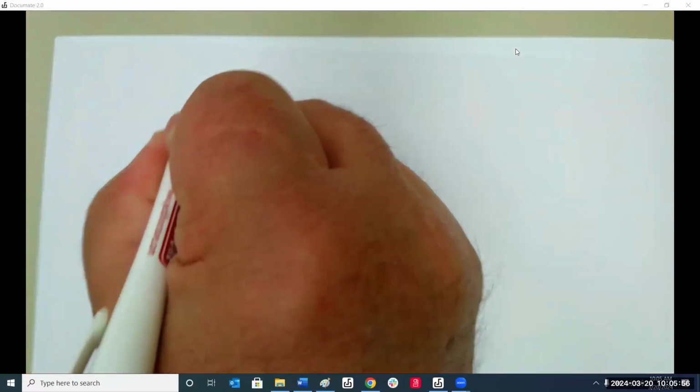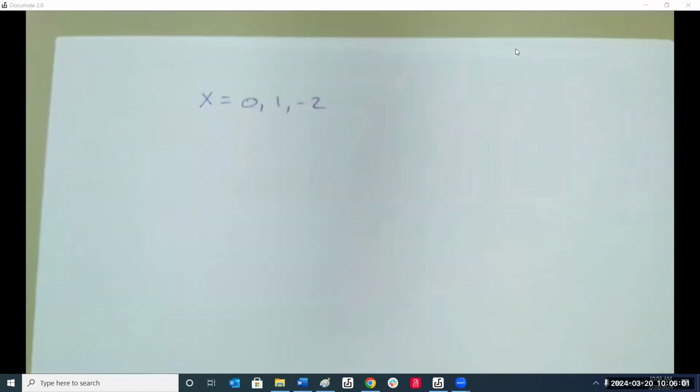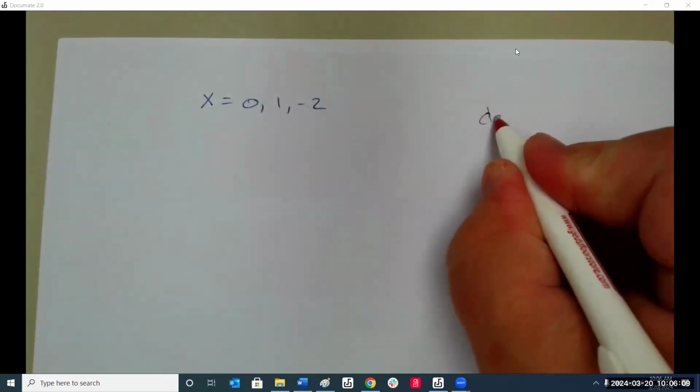Okay, let's see if it's sunk in what I just told you. What if my zeros were these? What can you tell me about the polynomial? What's the degree?